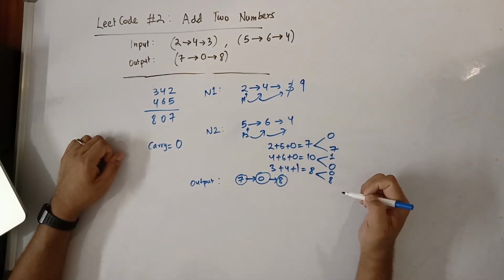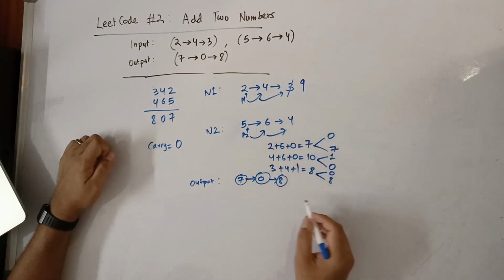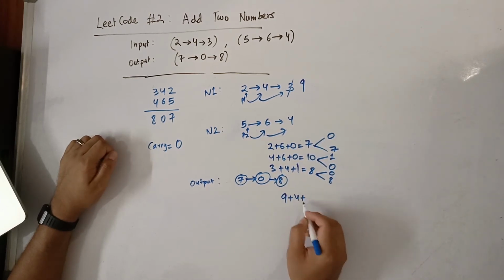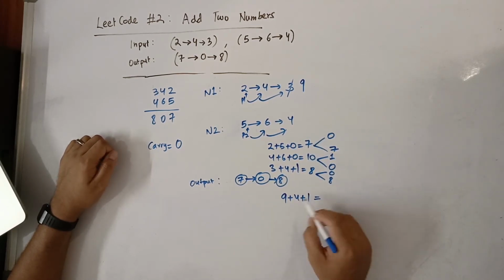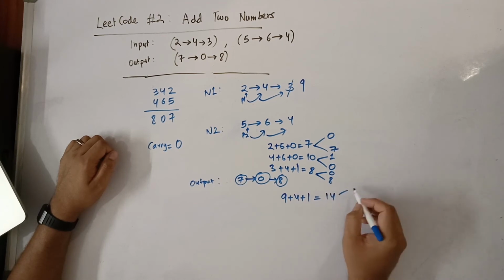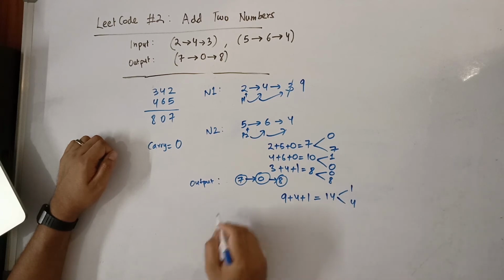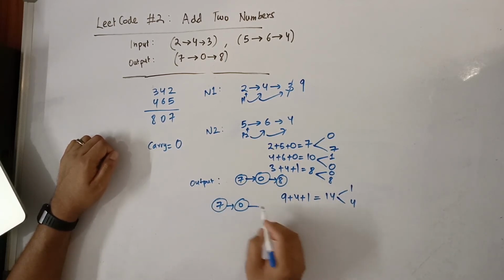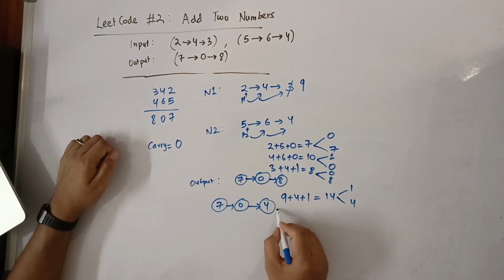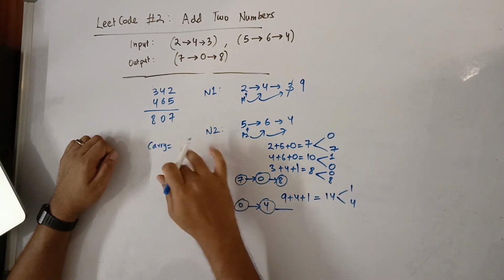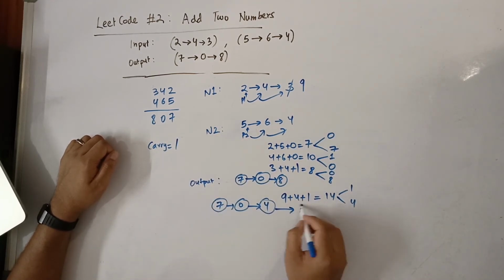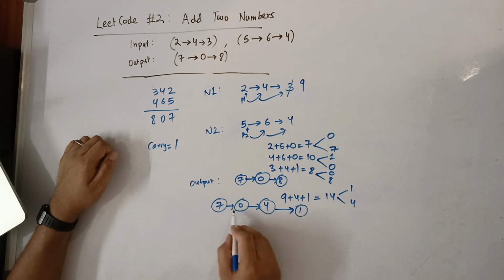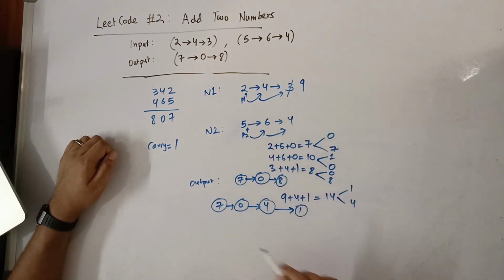In that case, our last computation would give us 9 plus 4 plus 1, which is 14, giving a carry of 1 and a remainder of 4. Our output will be 7, 0, the first two remain the same, this one becomes 4, which is the remainder, and because we have a non-zero carry, we have to add 1 over here. So the answer is 1407, the sum of these two numbers.